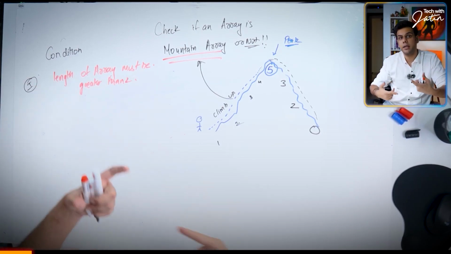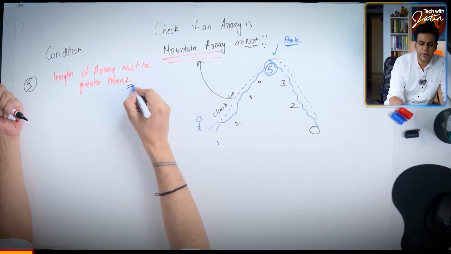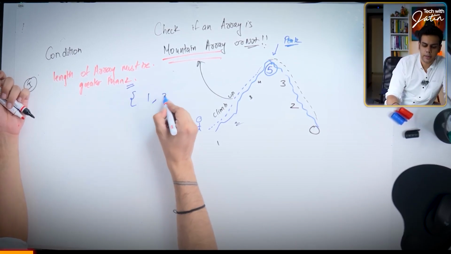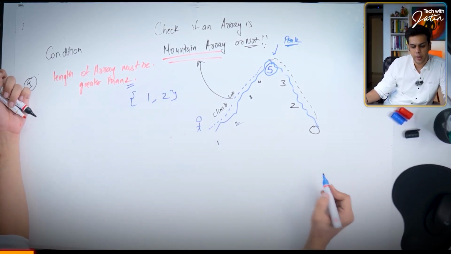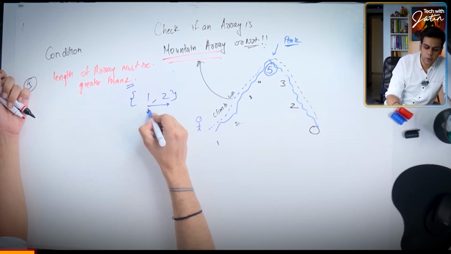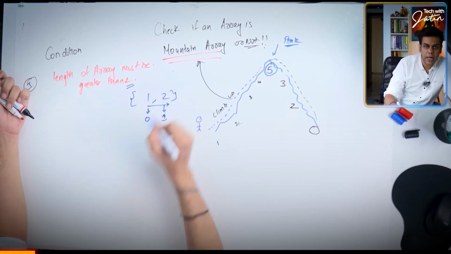Right? Must be greater than 2, meaning 3, 4, 5, 6, and so on and so forth. What happens if it is going to be 2 or less than 2? Let's say I want to have something like this. 1, 2. Now, of course, the elements are increasing, 1 and 2. On the 0th index, we have 1. On the first index, we have 2.